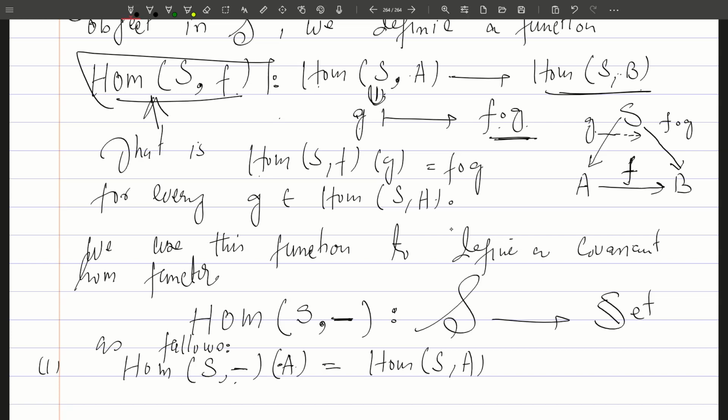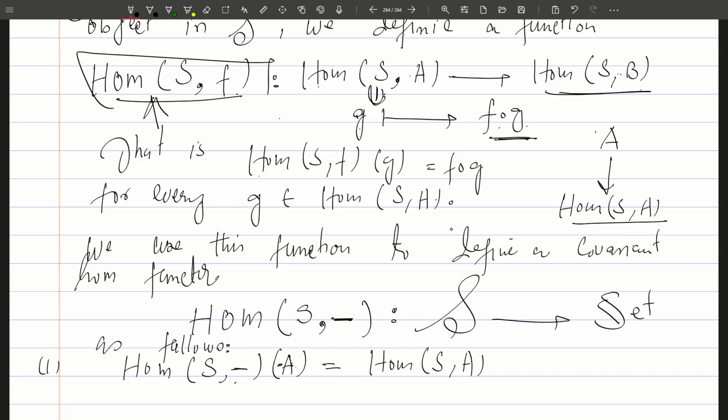This is a map which takes the object A to the set of all arrows landing in A. So we carry the object A to this set Hom(S, A), which is a set of arrows.